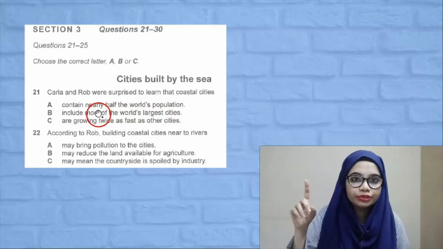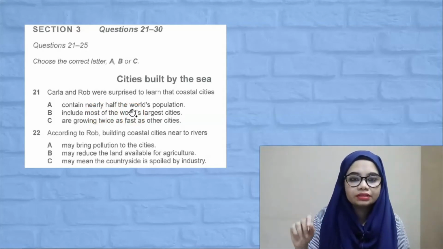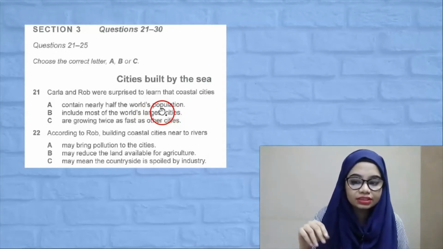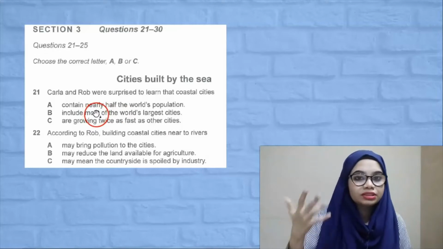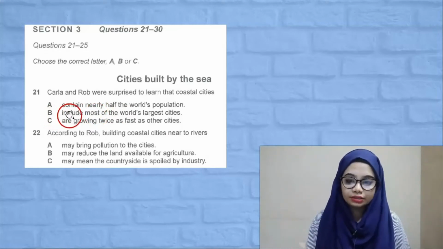So if you hear most in the audio and if you hear world's largest cities, it might be the answer. But what some students do is that they hear world's largest cities and they don't really pay attention to how much, and they write down the letter B and they get the wrong answer.